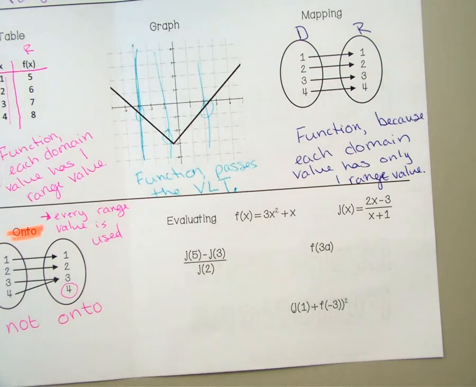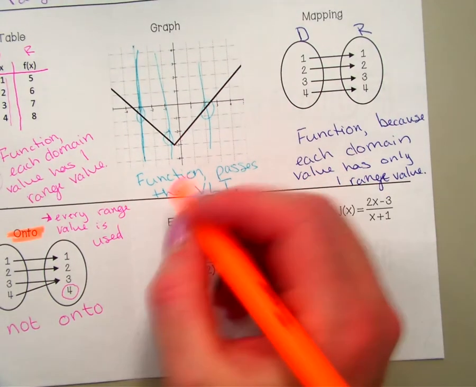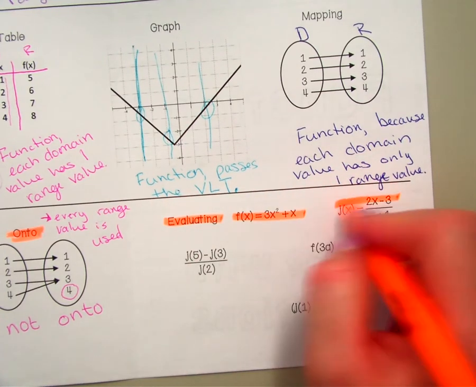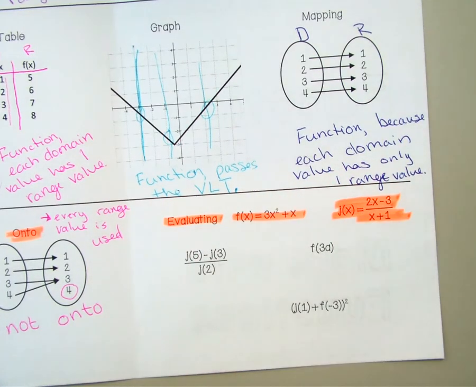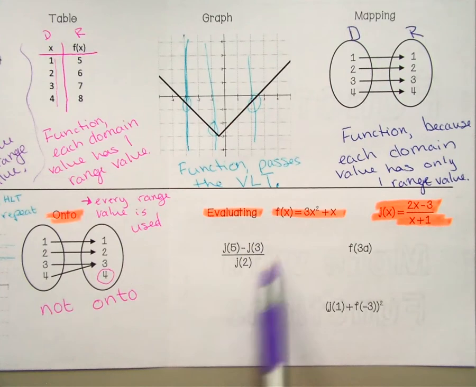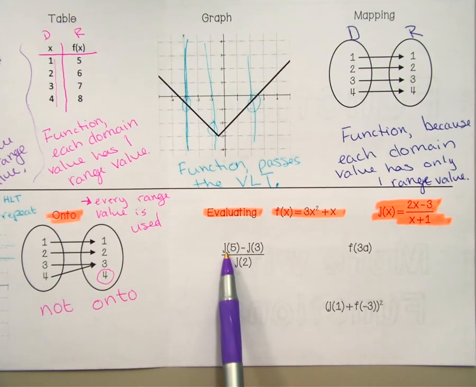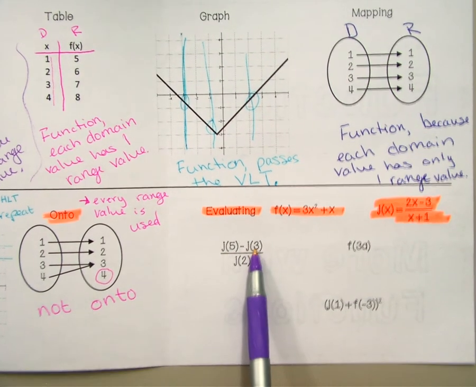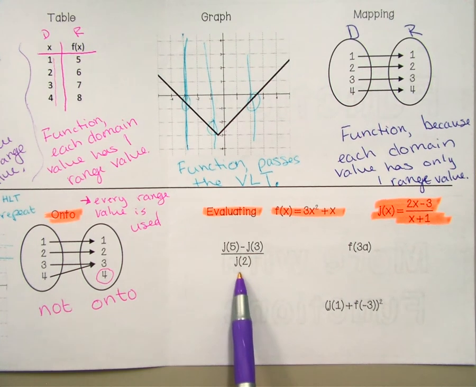Then our last thing over here, evaluating functions. So I have these two functions, f of x and j of x. Evaluating functions just means you plug those values in for your other function. This one's a little bit more complicated. We need to figure out j of 5, then subtract j of 3 from it, and divide it by j of 2.